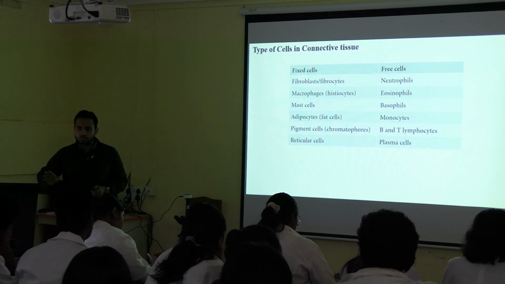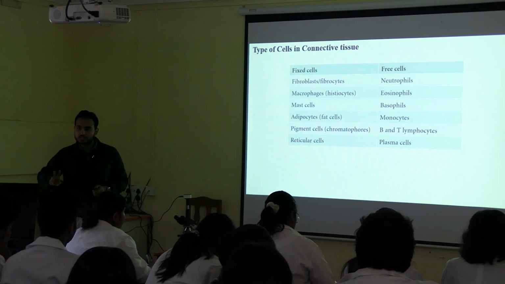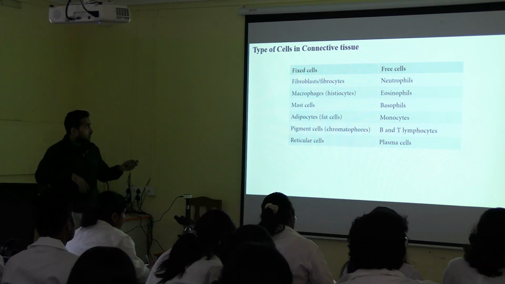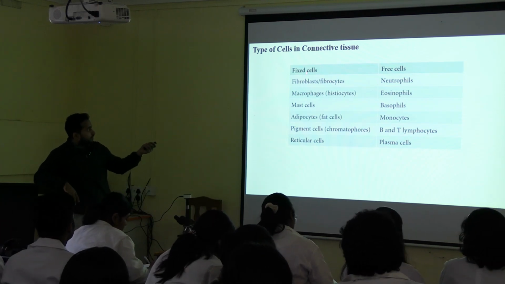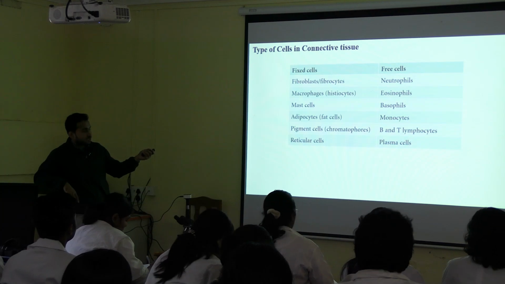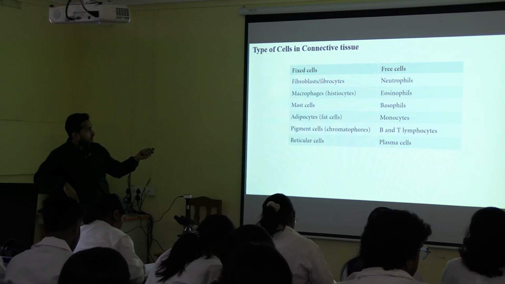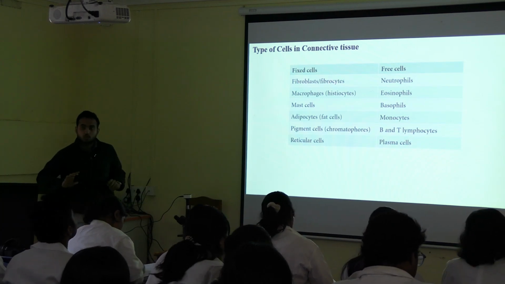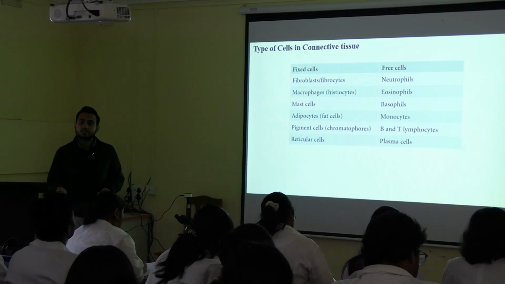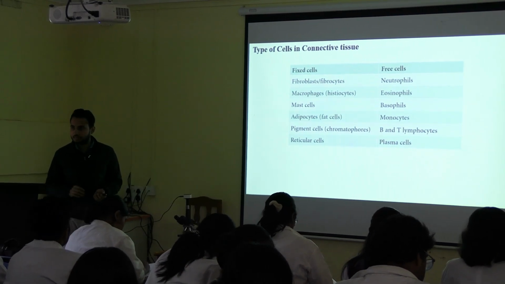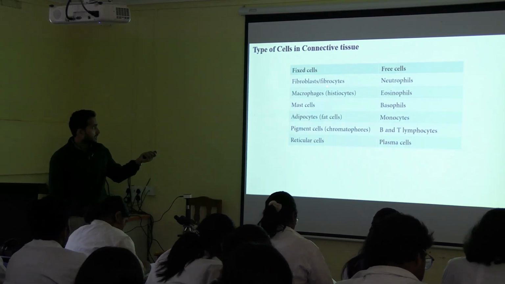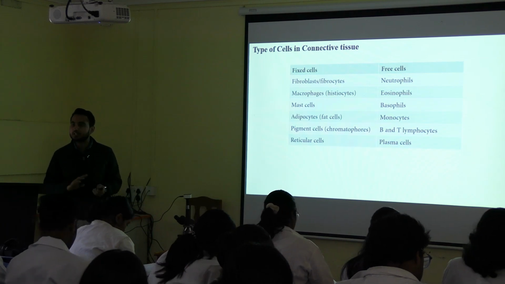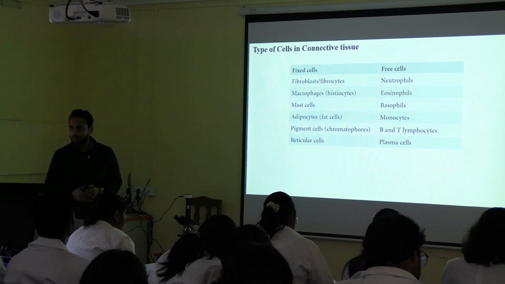So don't get confused, both have the same meaning. If you see the list of the fixed cells, first you can see fibroblast, or fibrocytes. Now don't think that fibroblast and fibrocytes are the same. It's not the same, though it's written like this, but it doesn't mean that both the cells are the same. We'll see what the differences are.